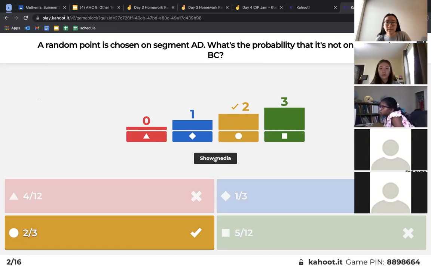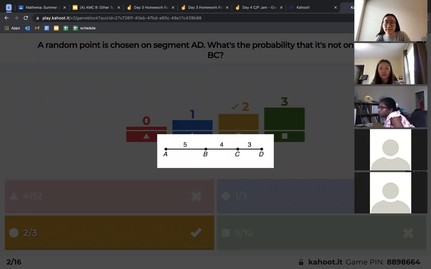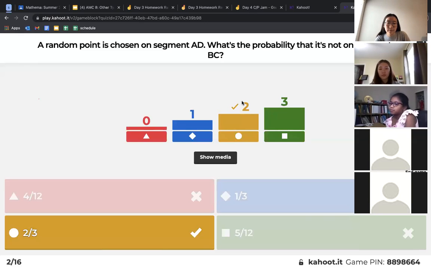Okay, so remember the question says not on segment BC, so that means it has to be on segment AB or segment CD. So that's 8 out of 12, or 2/3.